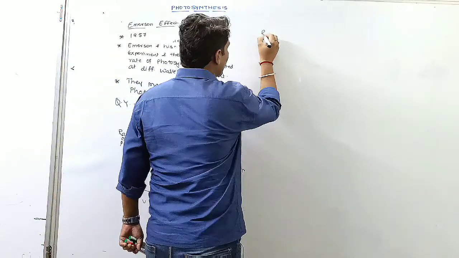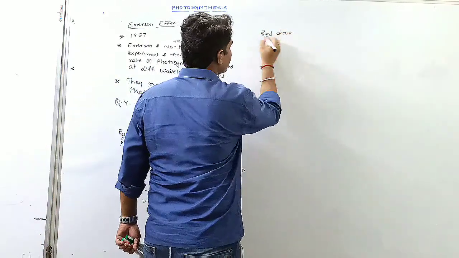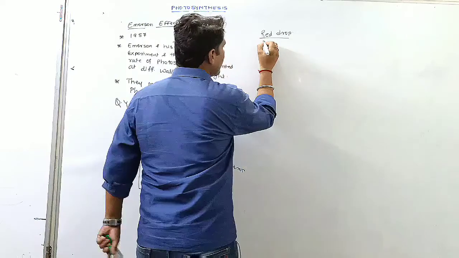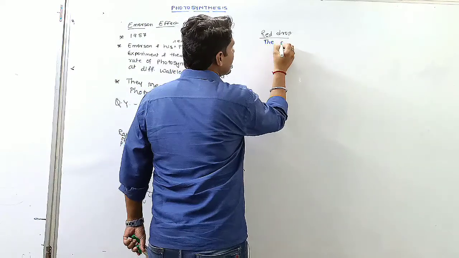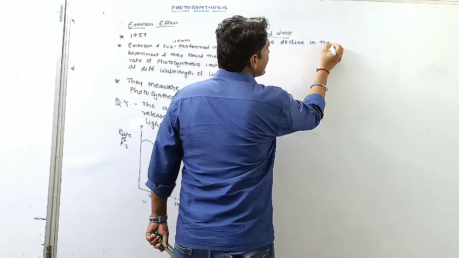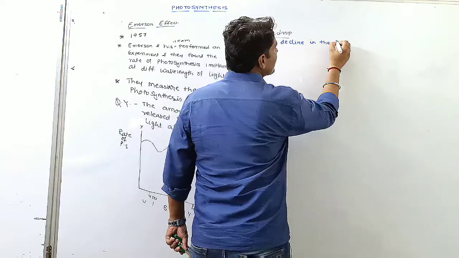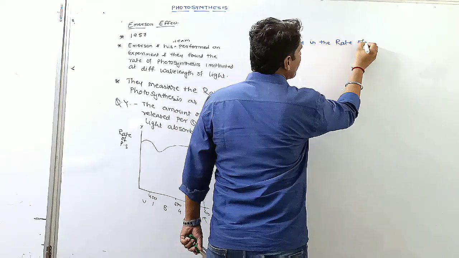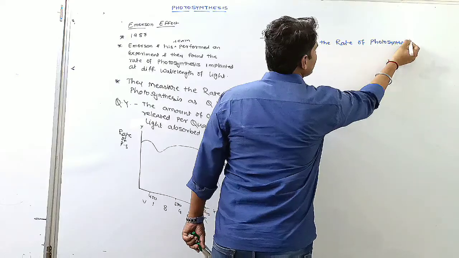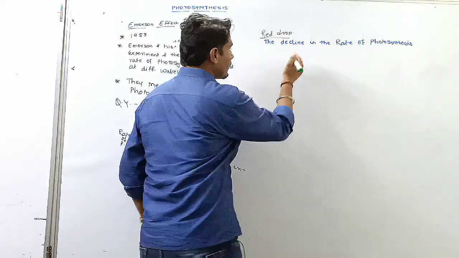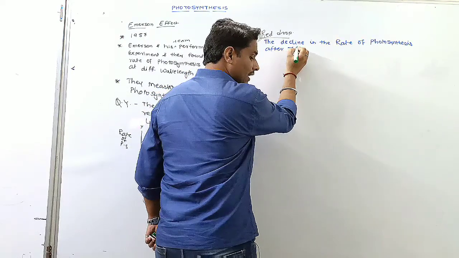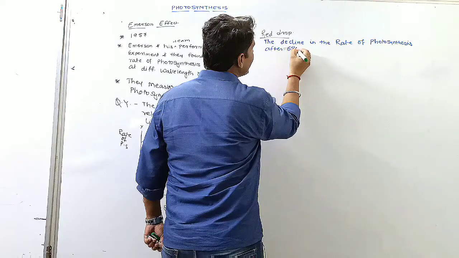So what is red drop? Red drop is defined as the decline in the rate of photosynthesis after 680 nanometer.